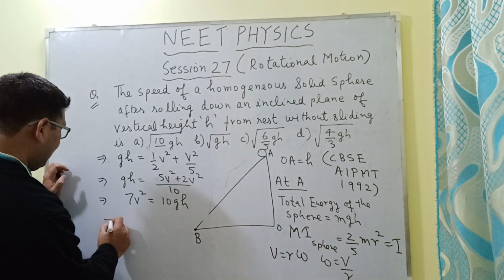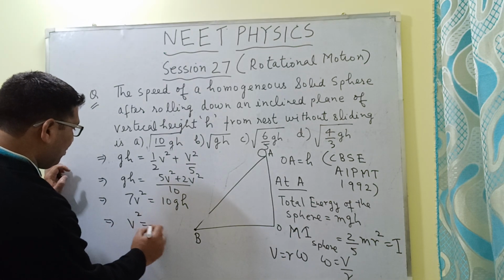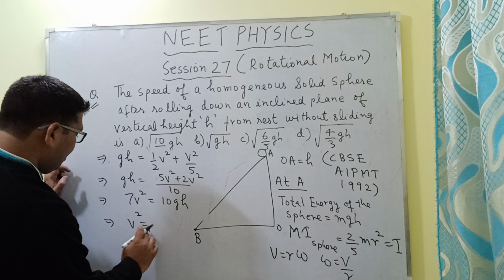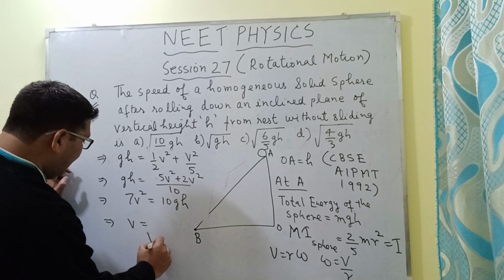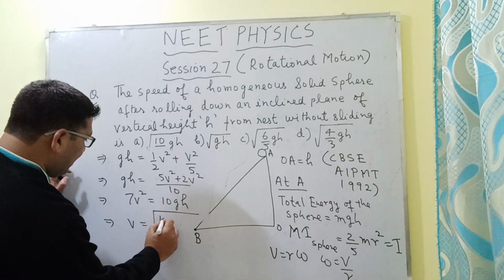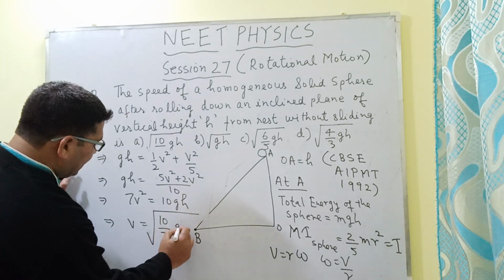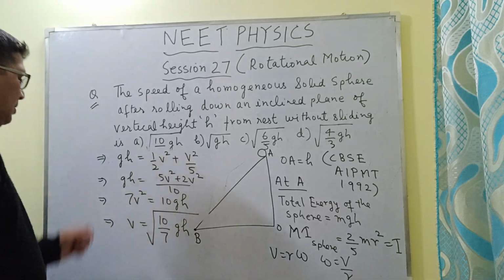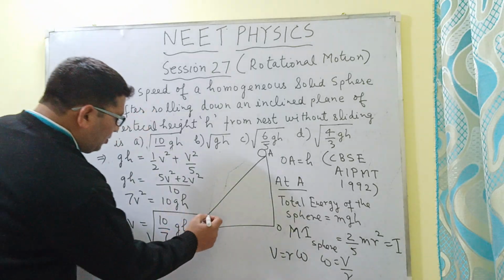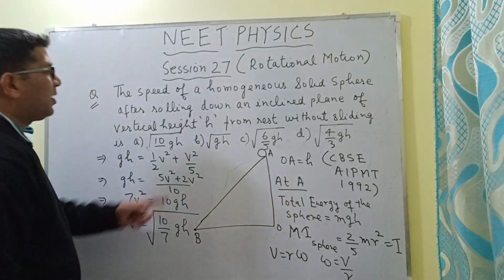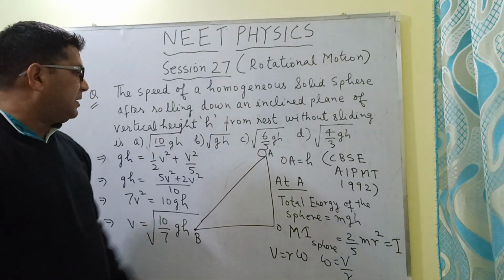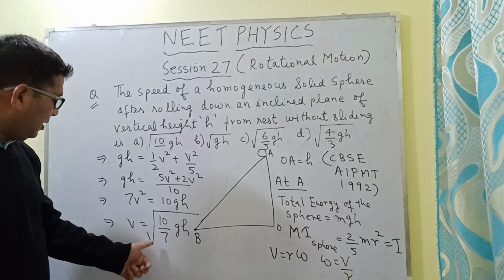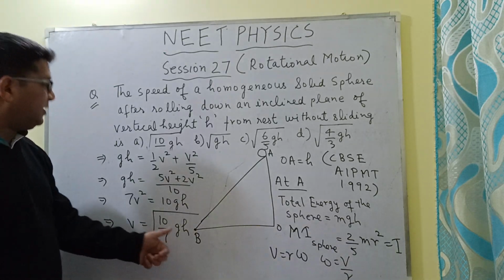Or we can simply say that v is equal to under root 10 by 7 gh. So the speed of this homogeneous solid sphere when it reaches the bottommost point of this inclined plane will be equal to under root of 10 by 7 gh.